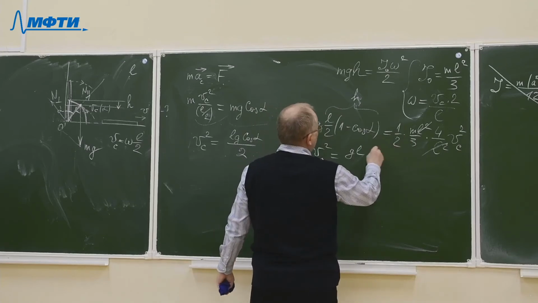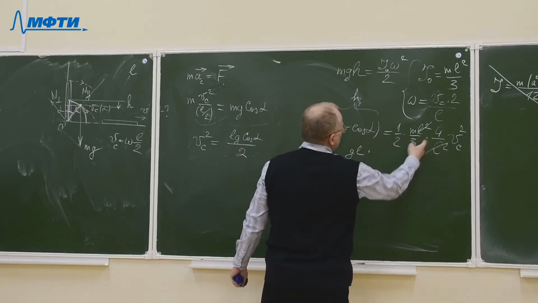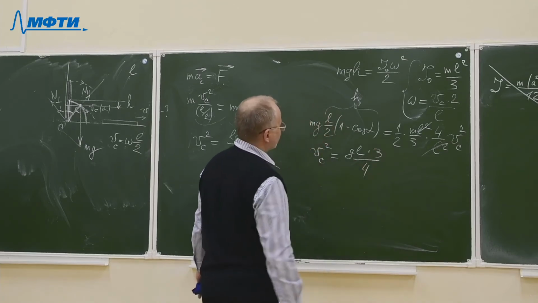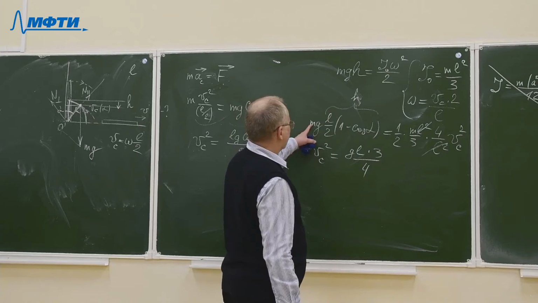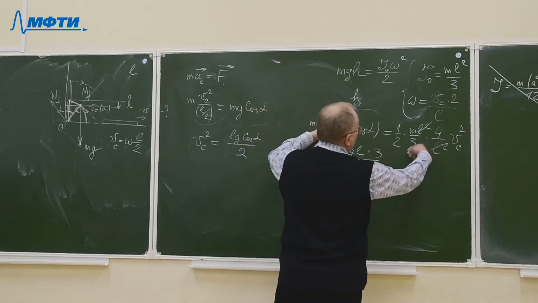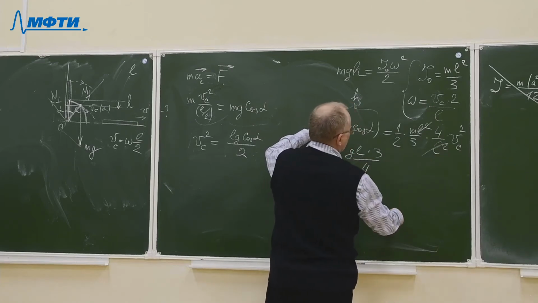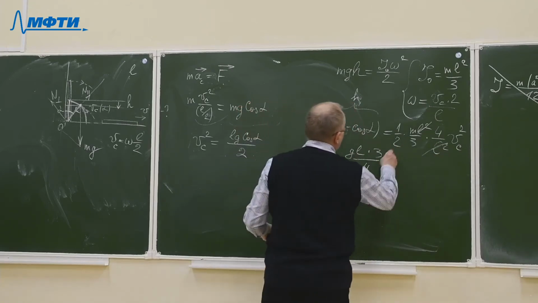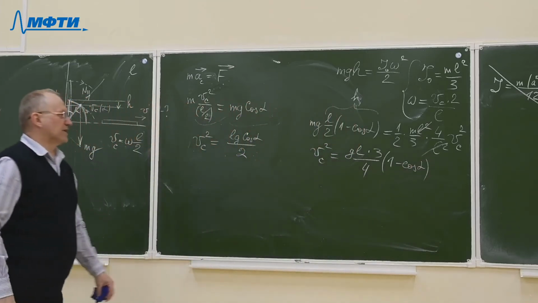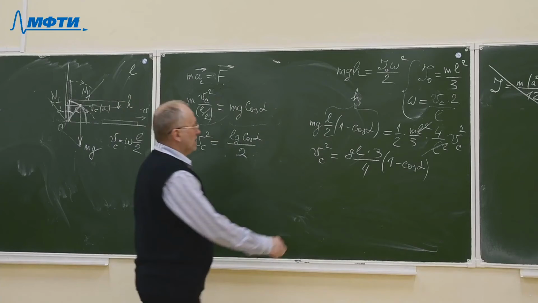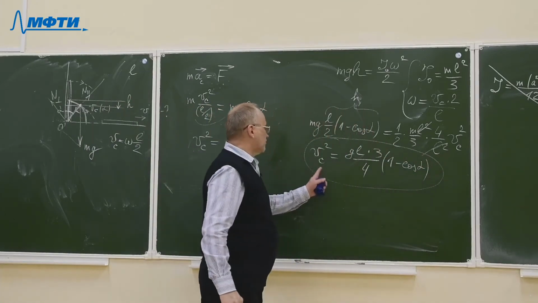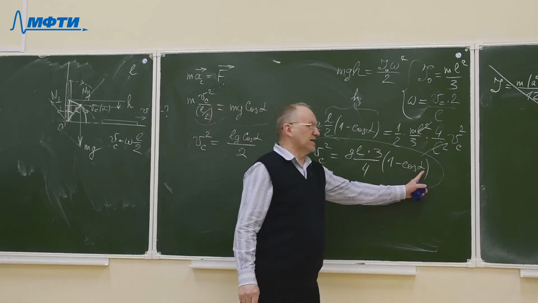So the coefficient will be 3 divided by 4. M cancels, gL, 3 divided by 4, times 1 minus cosine alpha, certainly, in round brackets. So this is the relationship between the center of mass velocity and angle alpha.